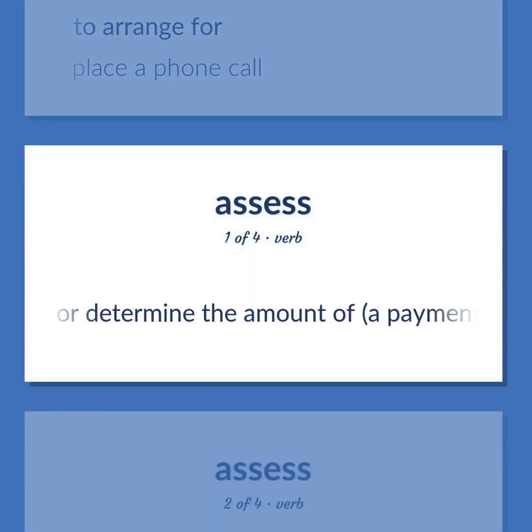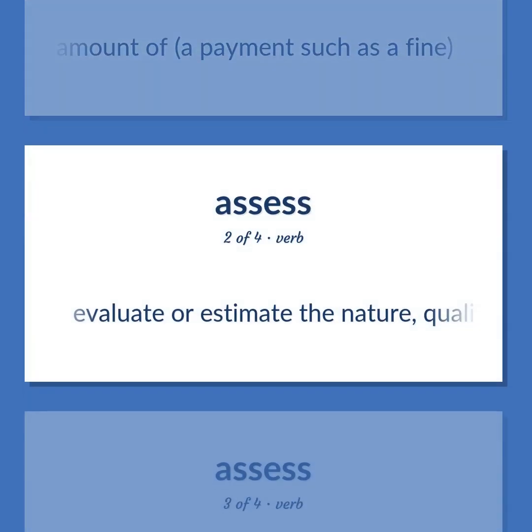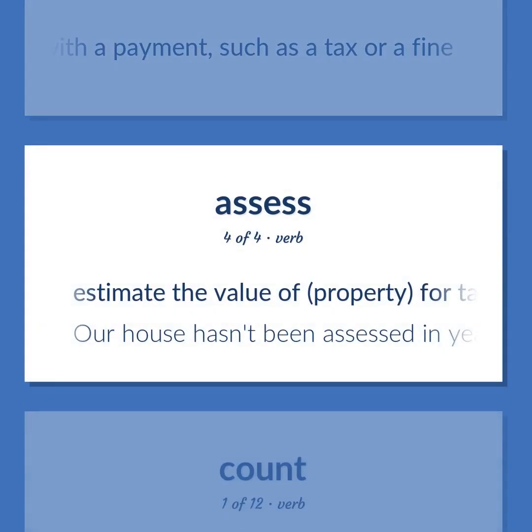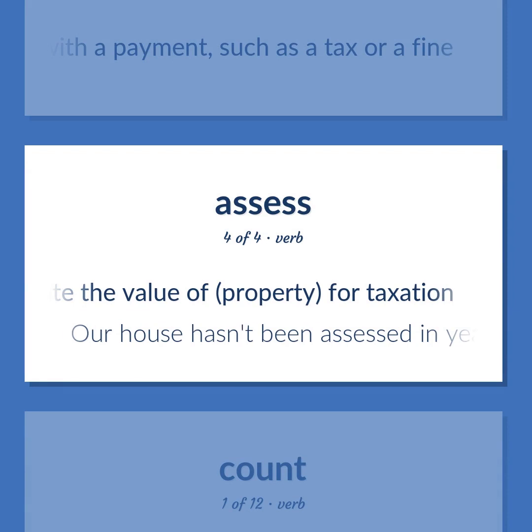Set or determine the amount of a payment such as a fine. Evaluate or estimate the nature, quality, ability, extent, or significance of. Charge a person or a property with a payment, such as a tax or a fine. Estimate the value of property for taxation. Our house hasn't been assessed in years.